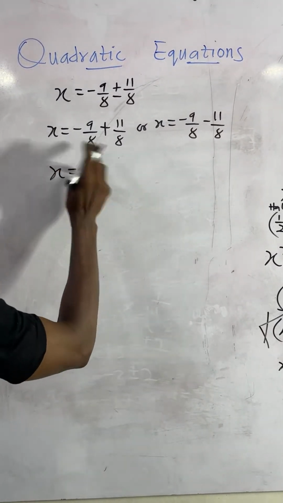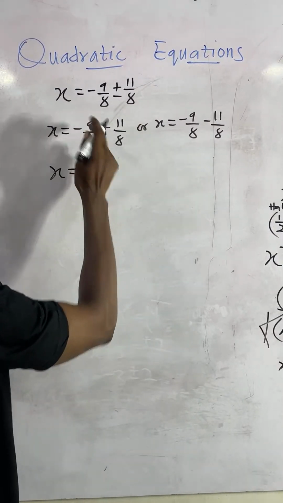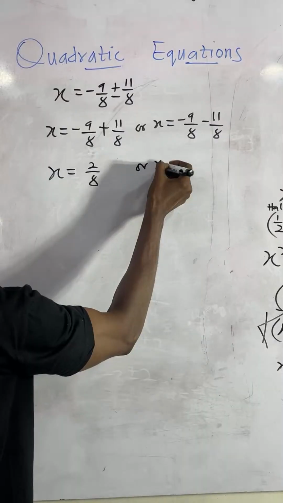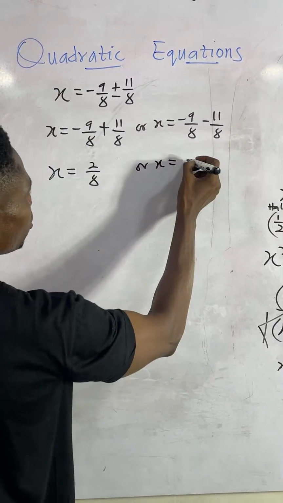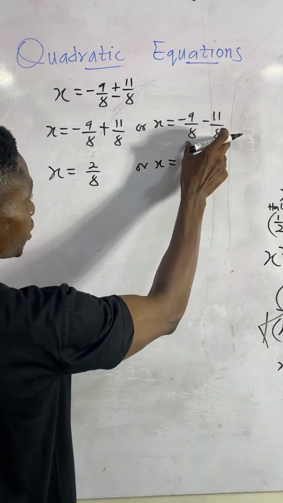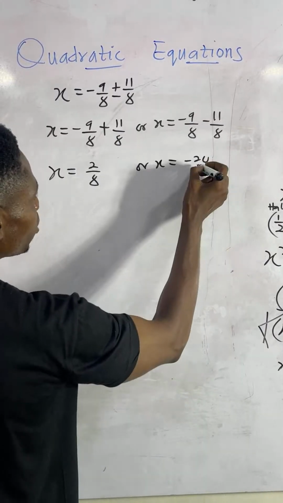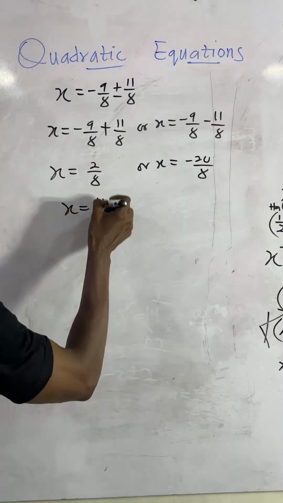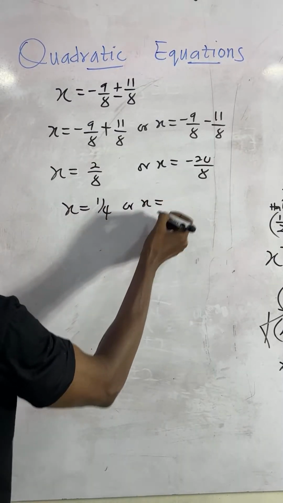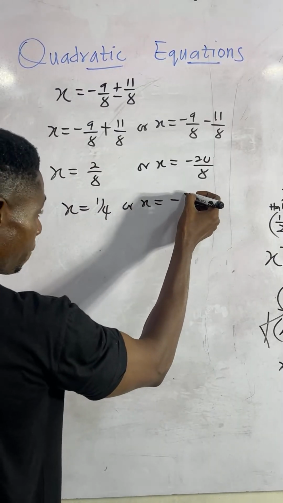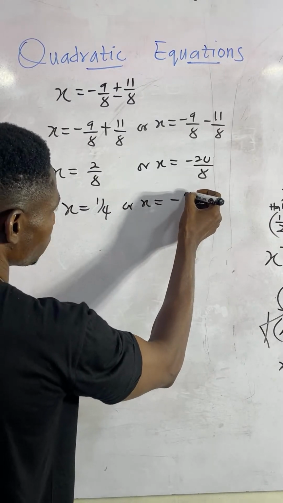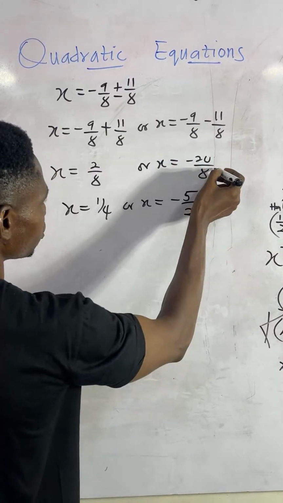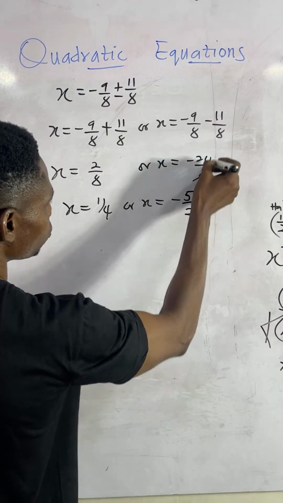So x equal to 2 over 8, or x equal to minus 20. Because the denominators are the same, you can just go straight. So minus 20 over 8. So x is either 1 over 4, or x is negative 5 over 2. That's 4 here to 4 here 5.